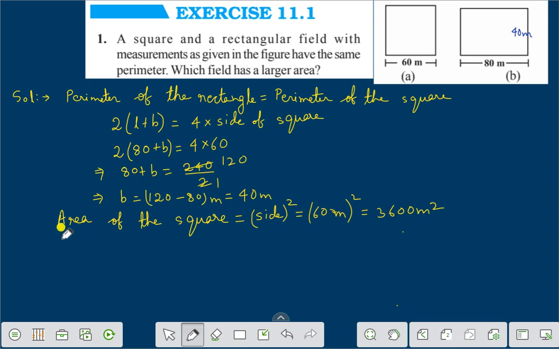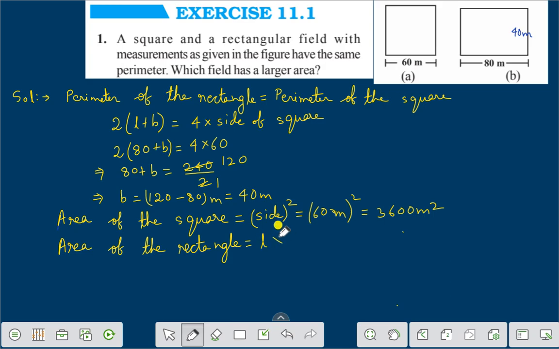Now we'll find the area of the rectangle. We know that area of the rectangle is length into breadth.